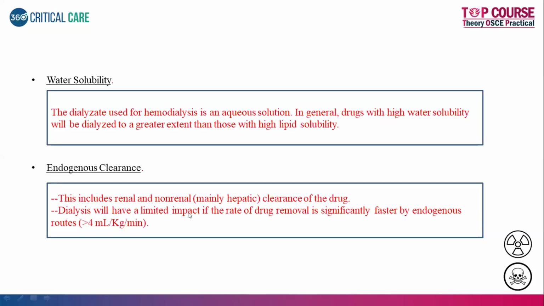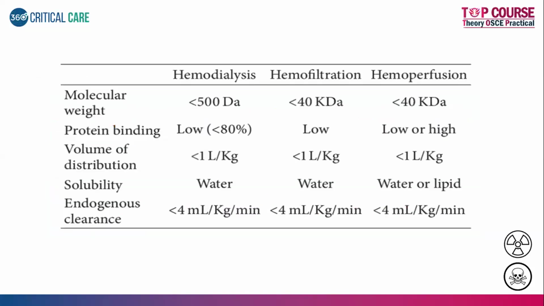Dialysis will have a limited impact if the rate of drug removal is significantly faster by endogenous routes. How much faster? More than 4 ml per kg per minute. Okay, so endogenous clearance should be less. So these are the five important characteristics of the drugs that you should know when they ask about extracorporeal removal. Done?